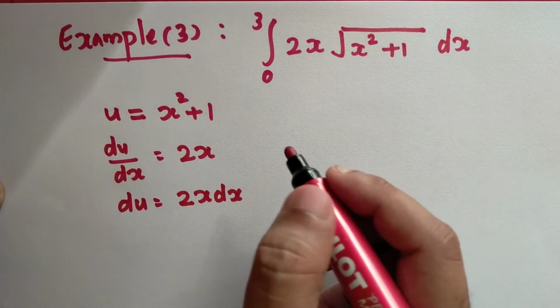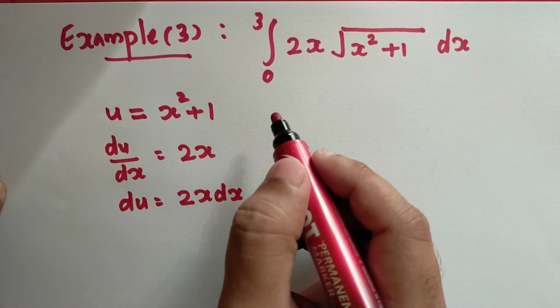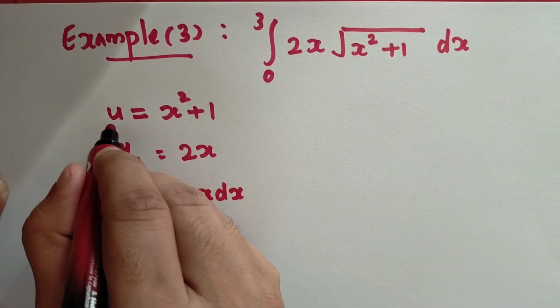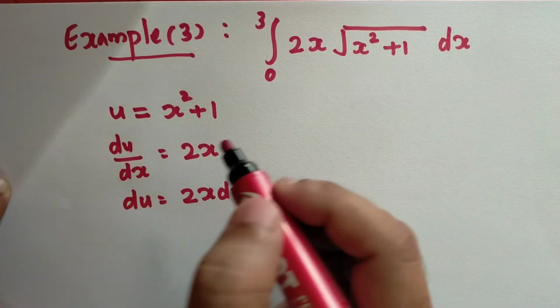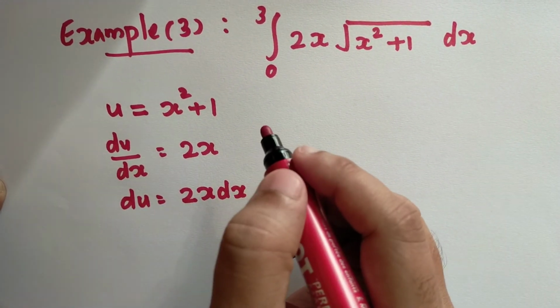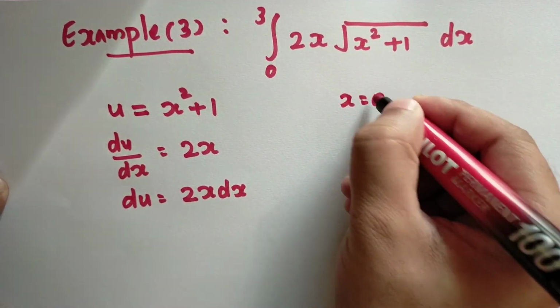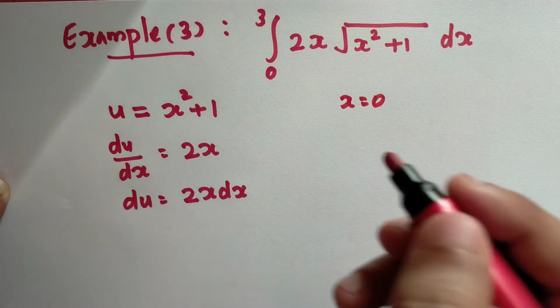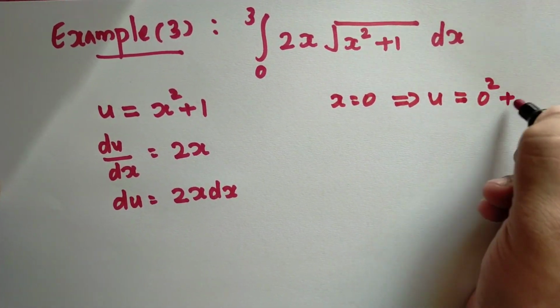Here the variable in the given integral is x, but by substitution we introduced new variable u. So corresponding to variable u, we must find new limit points. For that, we will substitute x is equal to 0 in u. So u is equal to 0 power 2 plus 1.